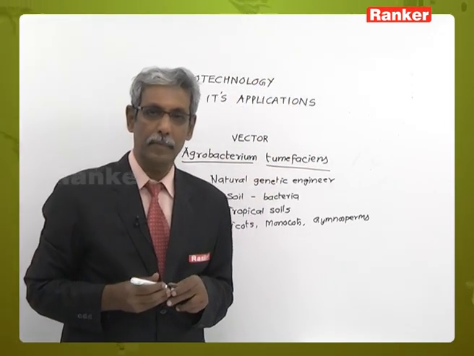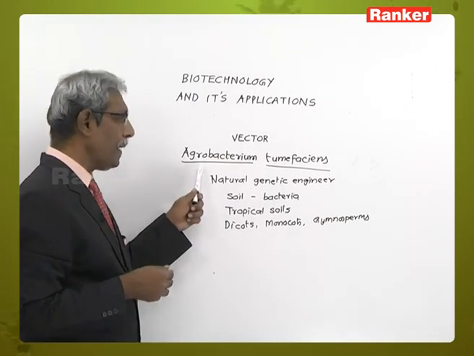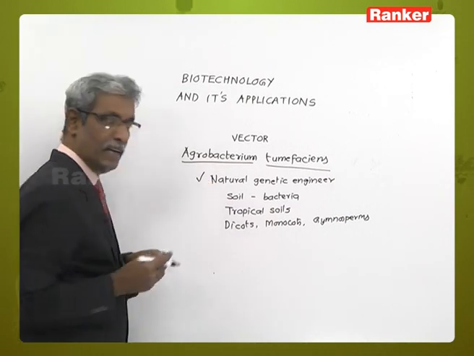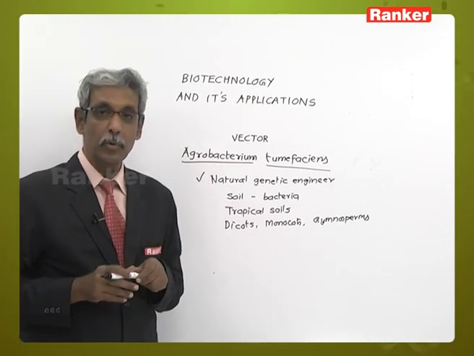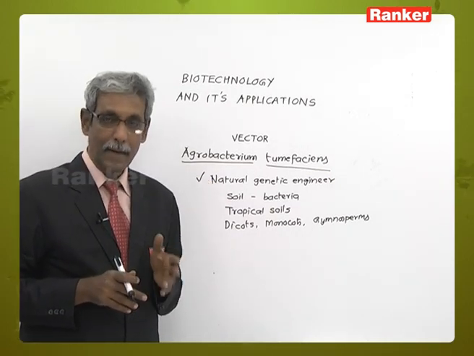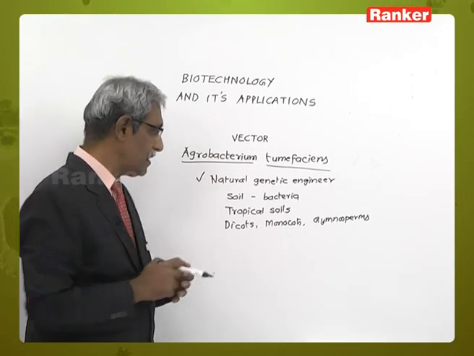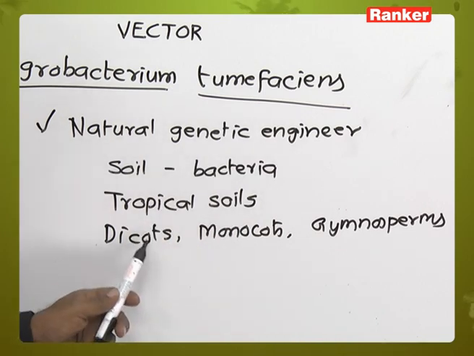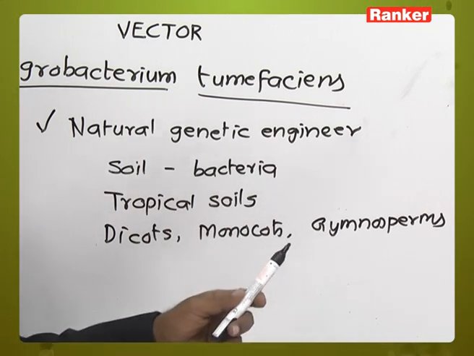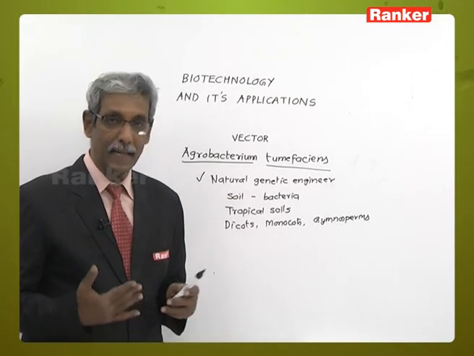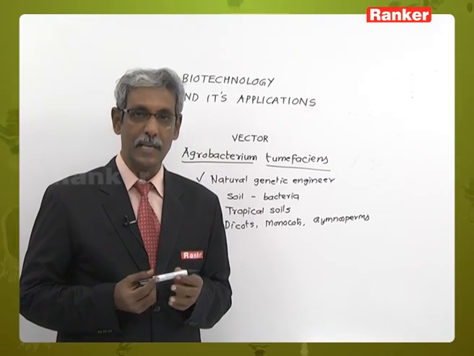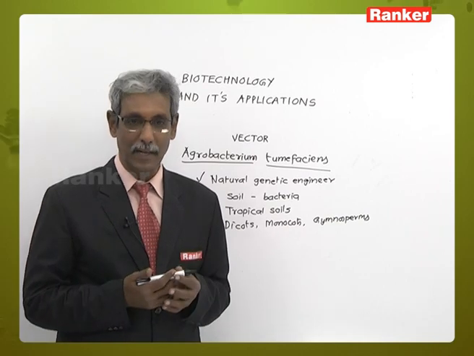If you look at nature, Agrobacterium tumefaciens acts as a natural genetic engineer, that is, we do not have to do anything about it. The bacteria all by itself can do the process of genetic engineering. So, it is God's gift to genetic engineering of biotechnology.